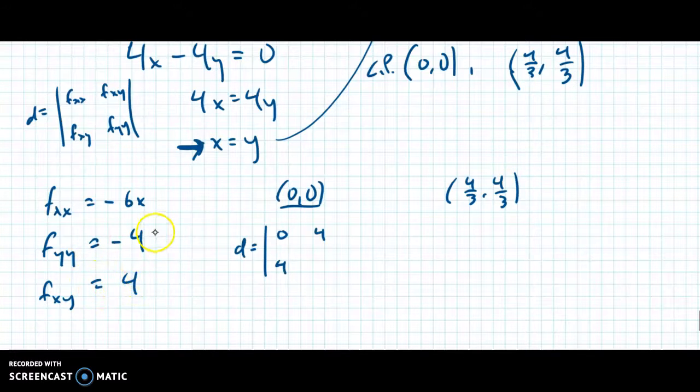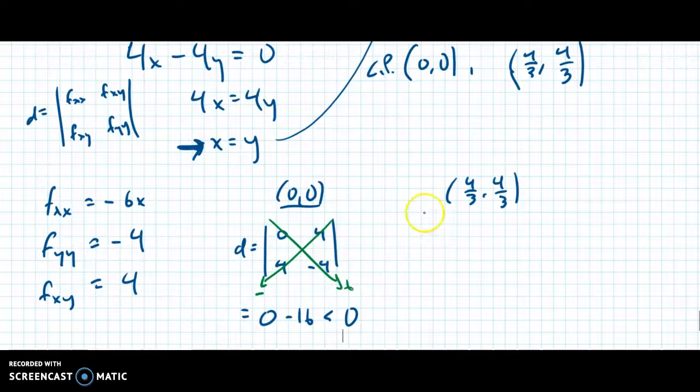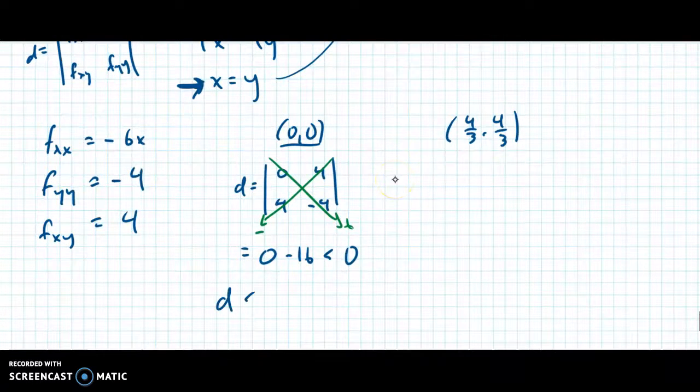And then f_yy is negative 4. What's that give me? The first piece is 0, and then minus 16, which is less than 0. We should get in the habit of using greater than or less than signs. So D is less than 0.